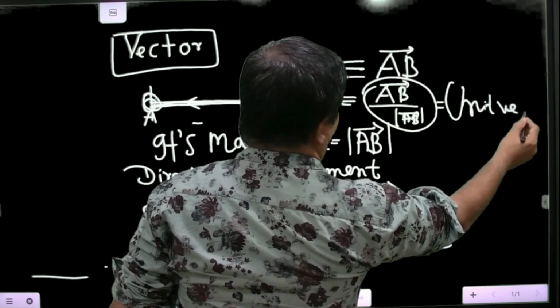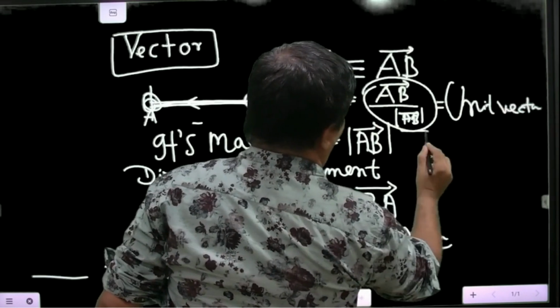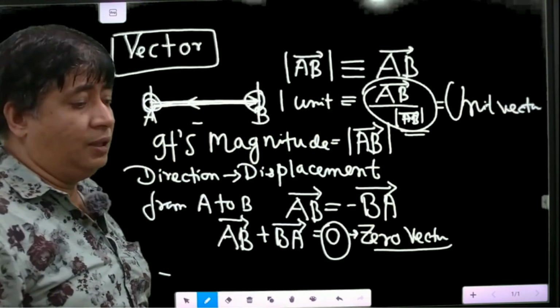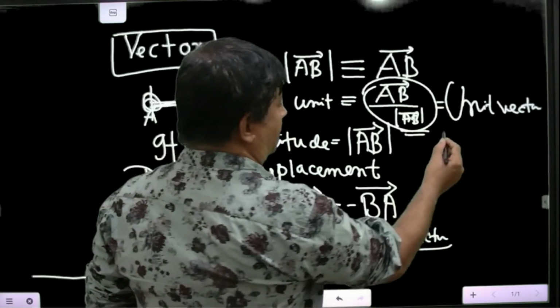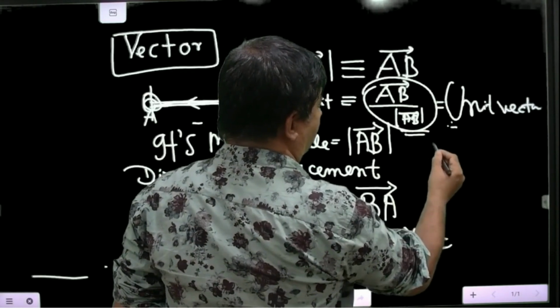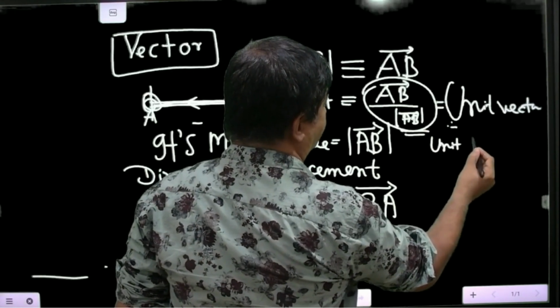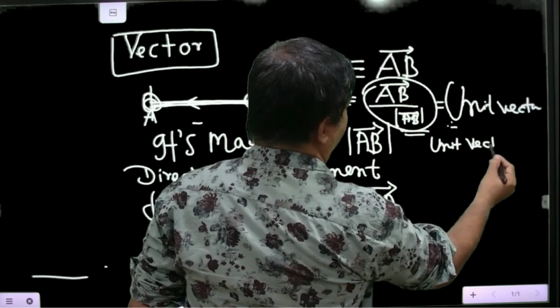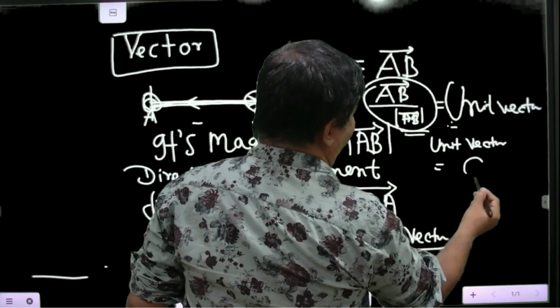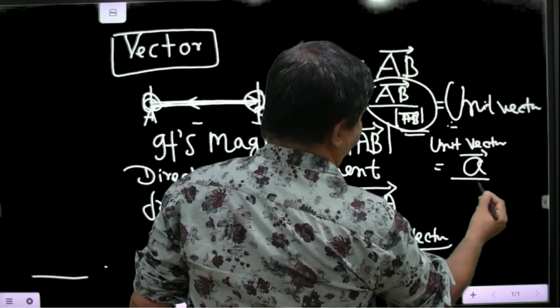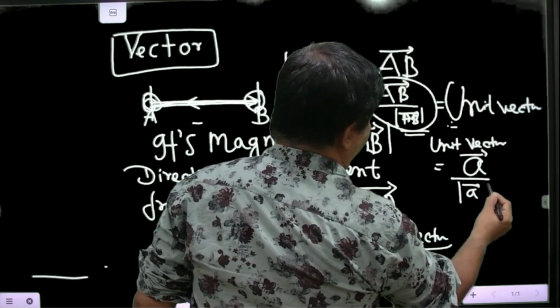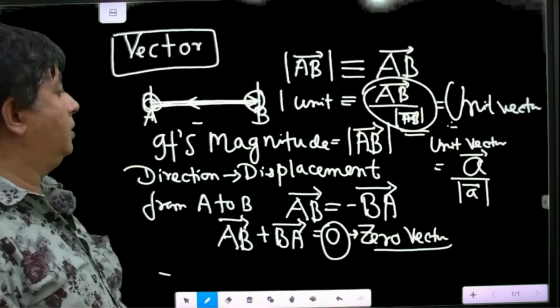So what conclusion can I draw for unit vector? Unit vector is any vector divided by its magnitude.